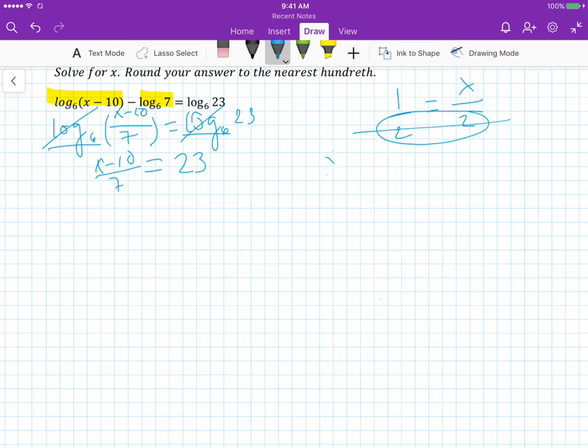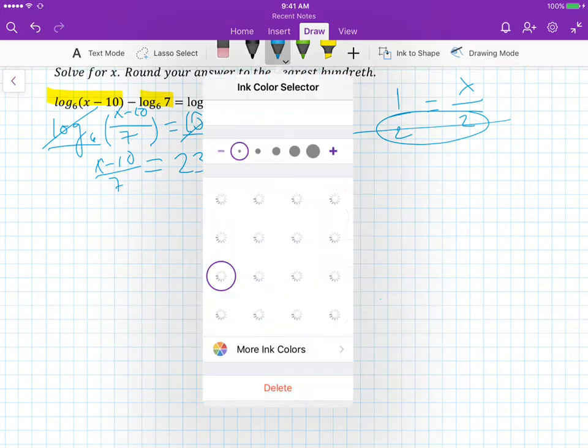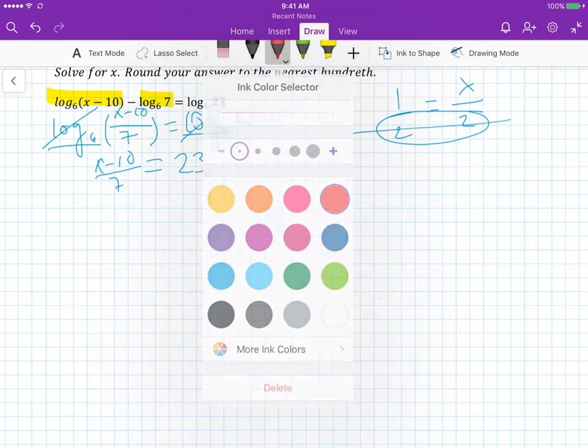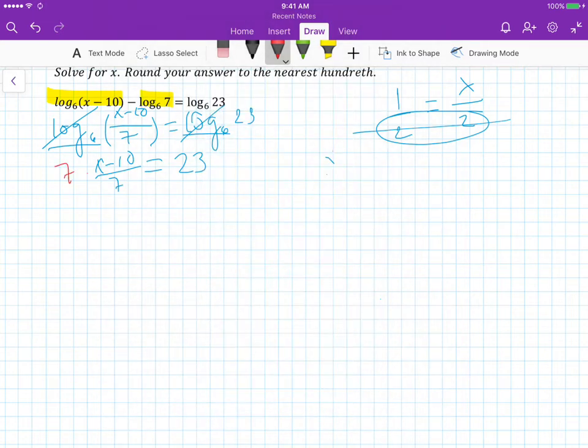So now I can just solve it like I would any other equation. So I'm going to go ahead and multiply by 7 on both sides. These cancel out, so I have x minus 10 equals, well, 23 times 7 is 161. And I add 10 to both sides.